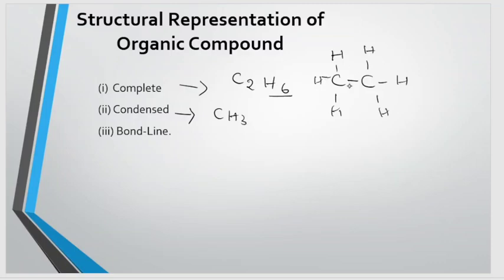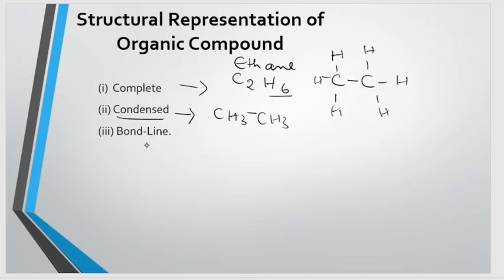Some bonds we can miss. That's why we did not write the carbon-hydrogen bonds here, and this particular part is also CH3. So you can write C2H6, which is called ethane, as CH3CH3, which is called the condensed form.